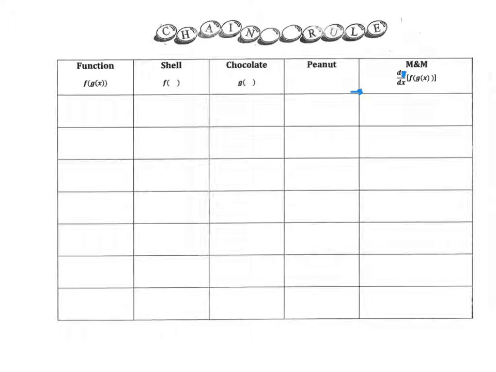Because you have to know the formula, and hopefully you wrote down, you take the derivative of the outside, evaluate it at the inner, times the derivative of the inner function. That's what that formula is.